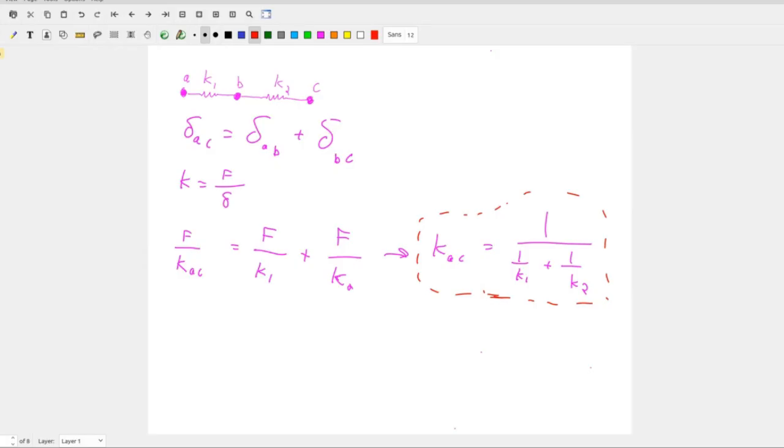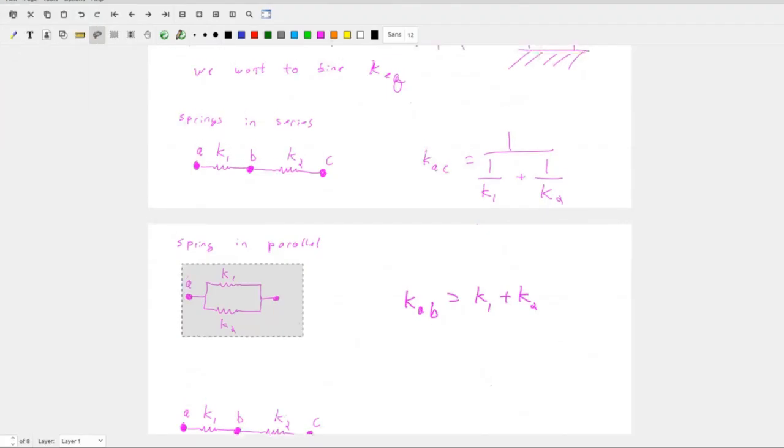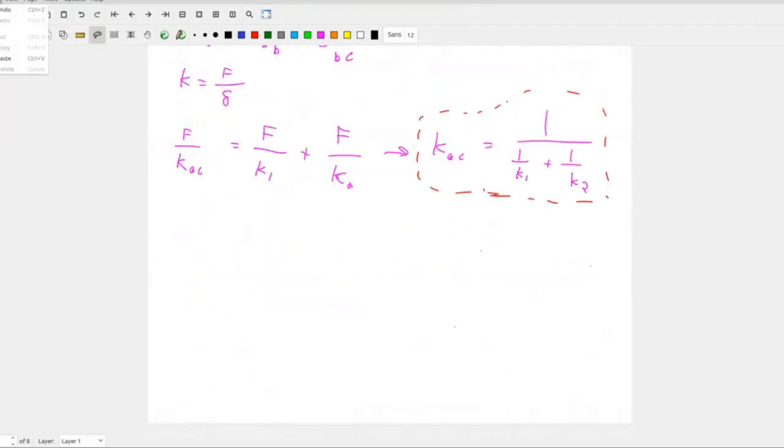All right. So Nick Gunther, let's do springs in parallel. So I'm going to go ahead and copy this. All right, so I've got two springs in parallel. For two springs in parallel, what is our displacement?